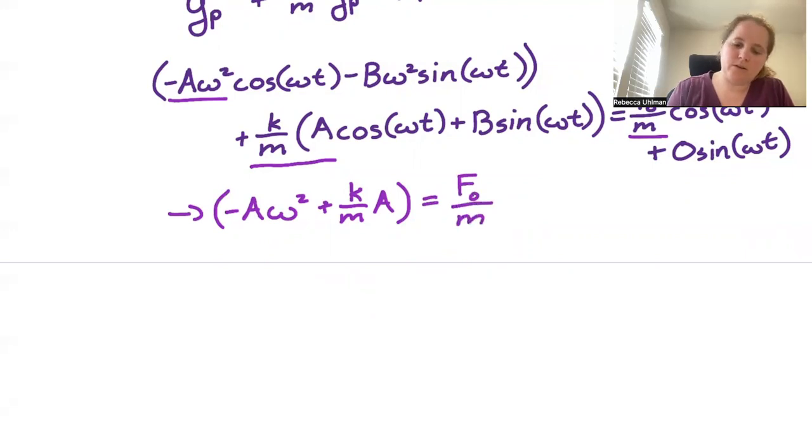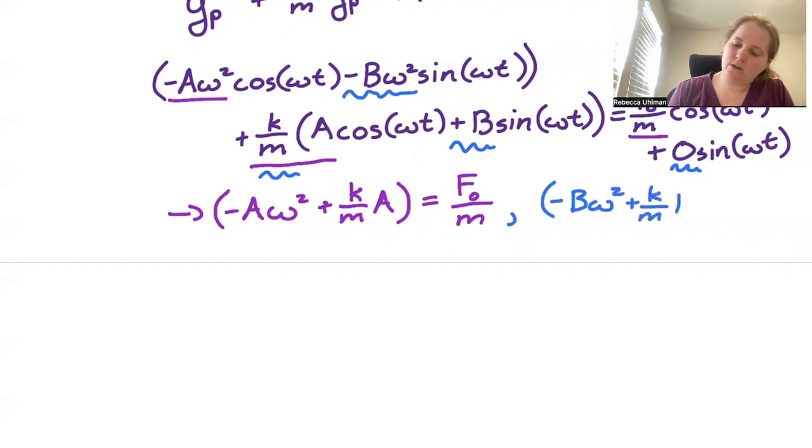And then similarly, the second component, negative b omega squared and a plus b times k over m should match our coefficient of 0 for sine. So we have negative b omega squared plus k over m times b should equal 0.